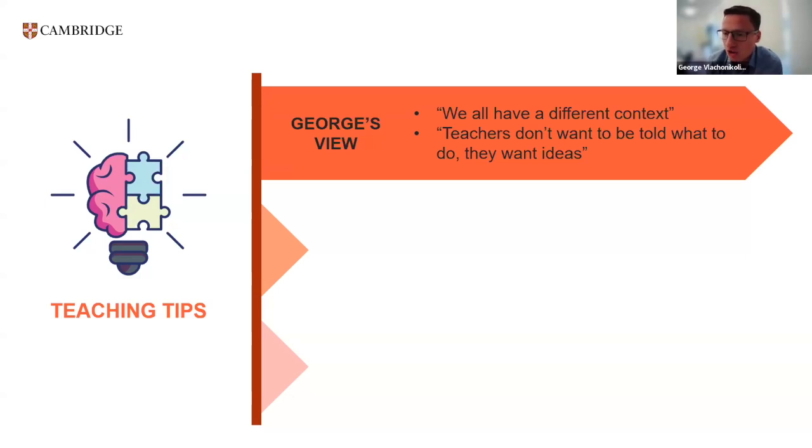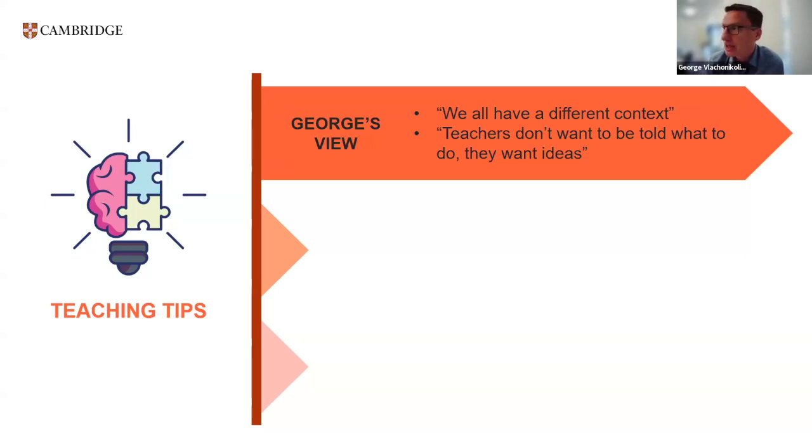So we have a very different context, both in terms of geography, but also in terms of who is in front of us on any given day. And like I say, my context is that I'm at an all-girls school, but I'm sure for many of you, you will be at either mixed schools or all-boys schools, so you'll have a very different context in terms of gender in front of you.